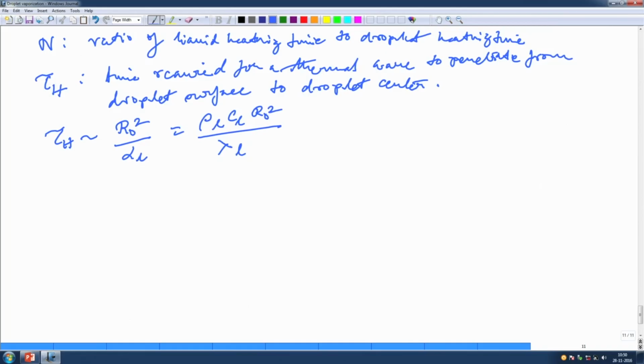The time that it needs if it proceeds by diffusion, that is the time scale. You already know about all these things. So, the time that is required for the thermal wave to come from the surface all the way up to the center is some kind of a liquid heat up time, so to say. That means, when the droplet center actually feels that there is something going on at the surface.